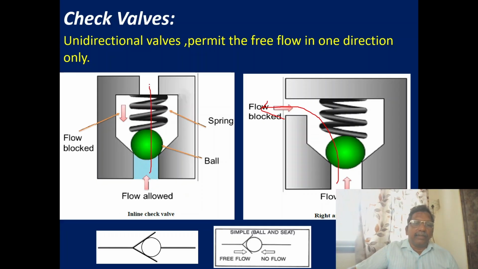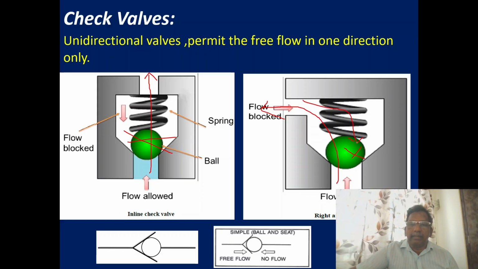Here also we can send fluid like this only, but here it is blocked. Okay, so it's a symbolic representation. You have to draw the symbol like this, and it mentions the check.